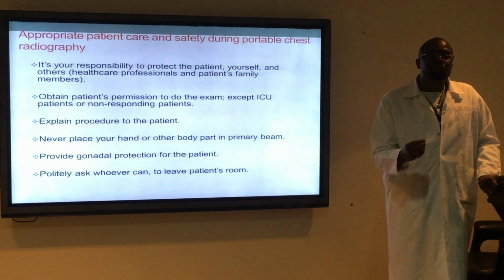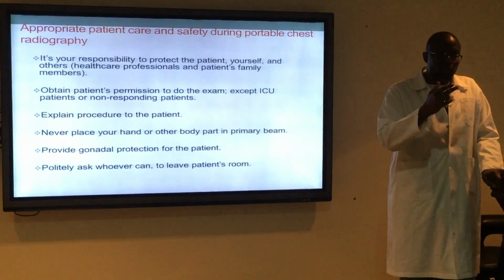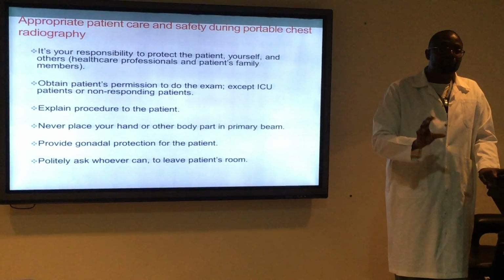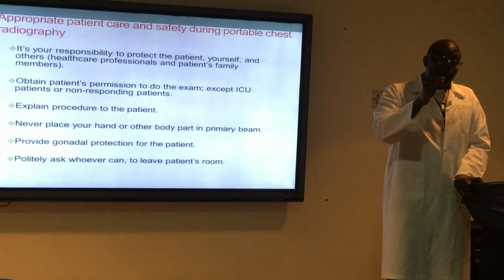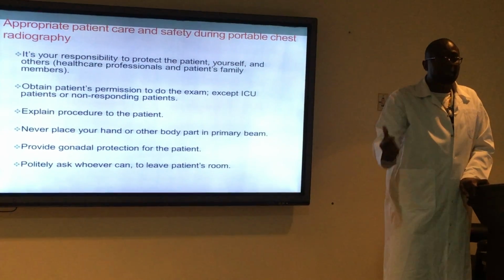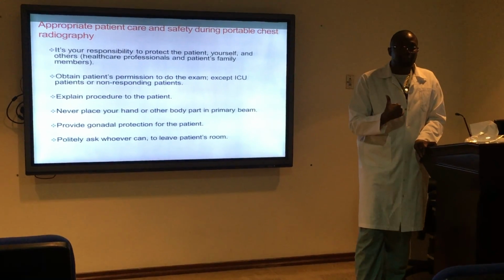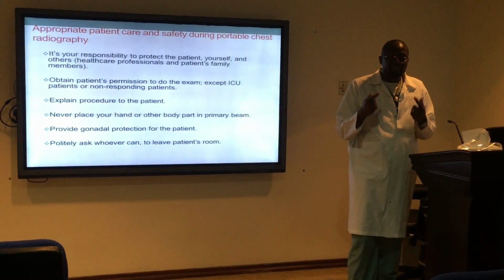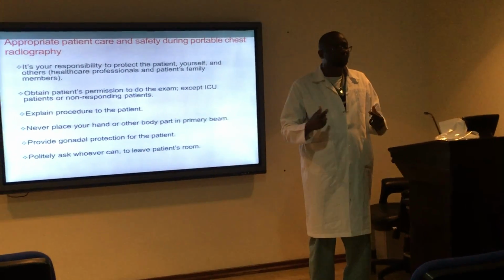It's necessary for you to make sure there are at least 2 lead aprons on your machine, because sometimes you might need someone to hold the patient for you. They have to wear a lead apron. And you yourself as a radiographer must always make sure you have a lead apron on.